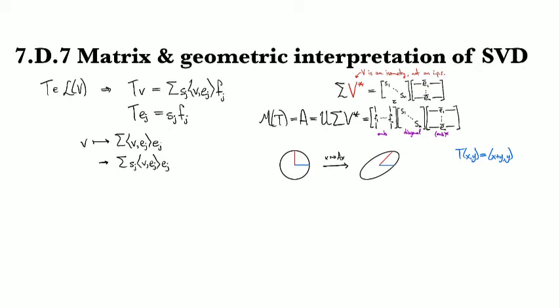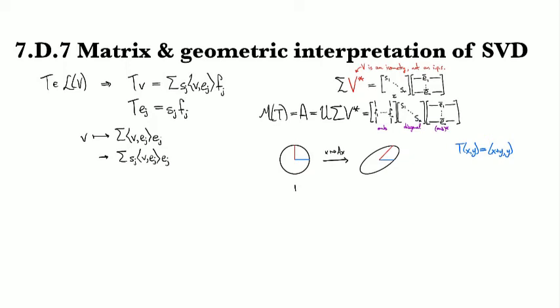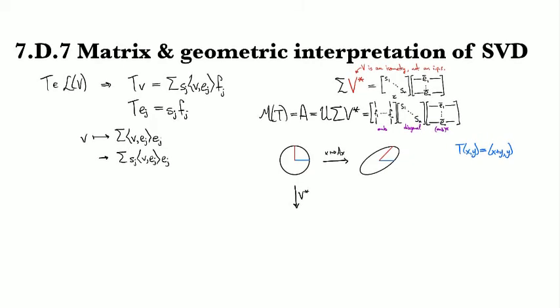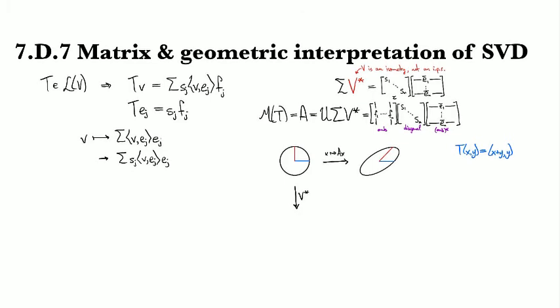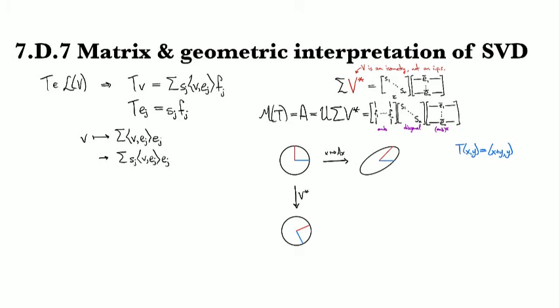Okay, so now what we're going to do is we're going to break this down in terms of transformations. So first, we are going to have the V star map, and so this one is going to rotate the circle like so.